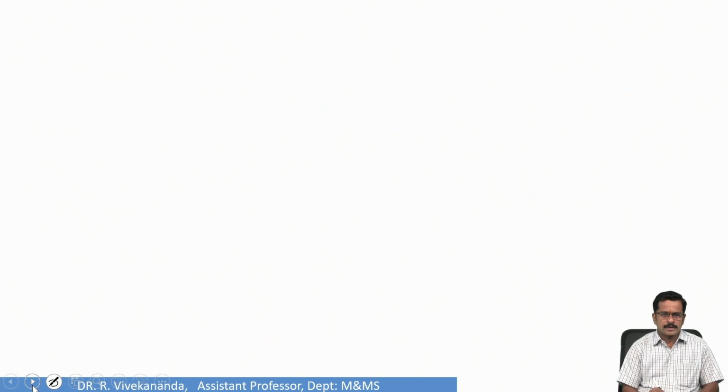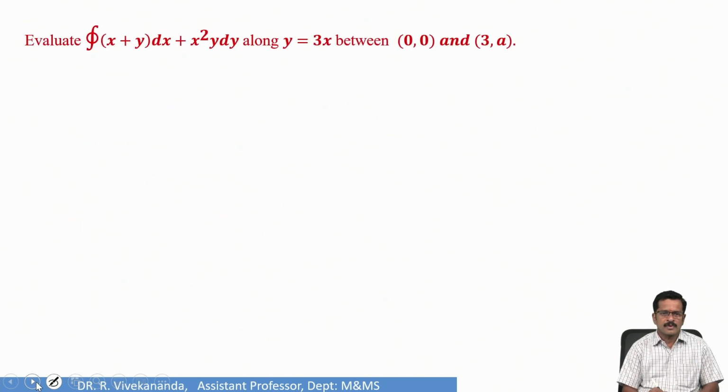Okay, next. Go to the next one. Evaluate the integration of x plus y into dx plus x square y dy along the line y is equal to 3x between the points 0, 0 and 3, 9.